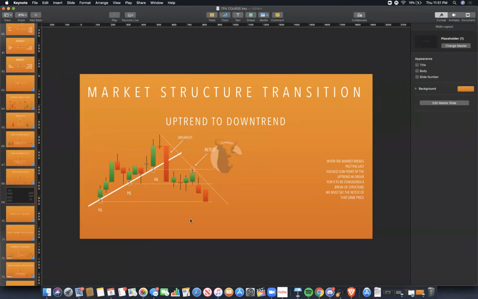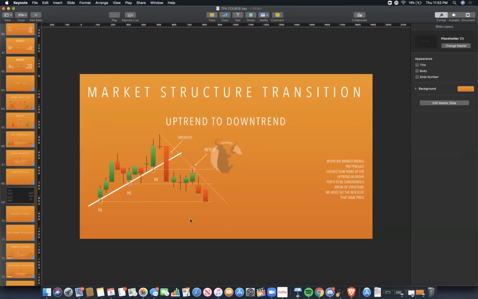We're paying attention to the higher low points, which are the touches to the trend, not the fake outs. And on the third touch, we would identify the support of that touch. And when the market breaks the trend and comes back and retests, the area we're looking for is the retest of that last touch of the trend, right?